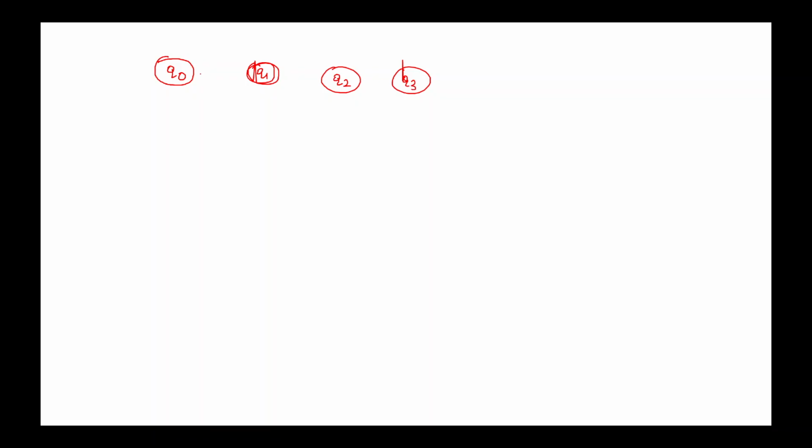So we actually show states in this way, like a circle. In every mathematical model, we will develop a state diagram which consists of these states, like Q0 state, Q1 state, Q2 state, Q3 state. And each state takes an input and it will transit to the other state.